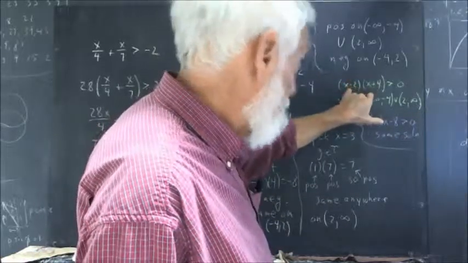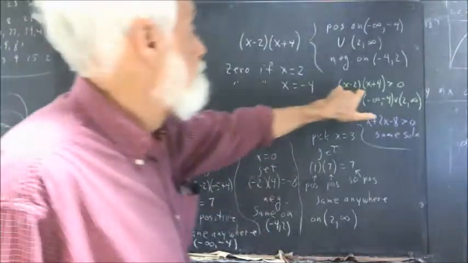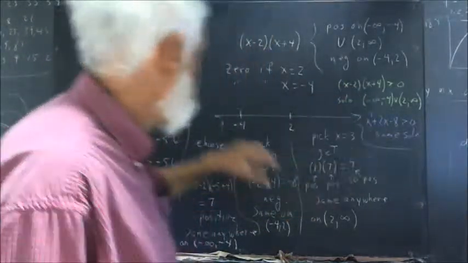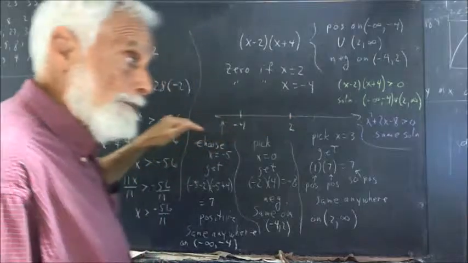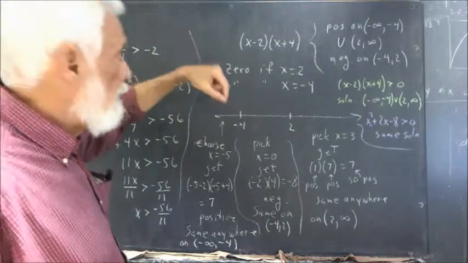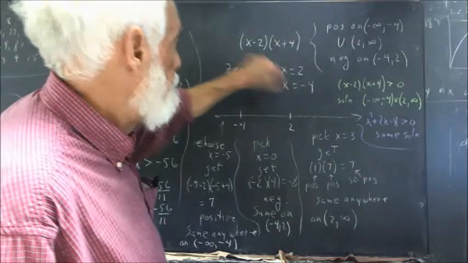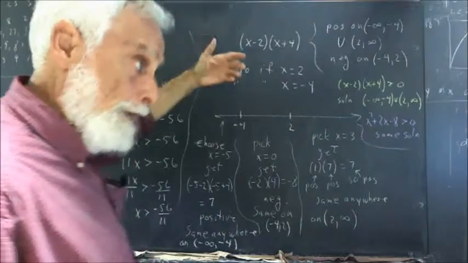Having this inequality, we know to go back and analyze the values of this expression along the number line on intervals that are demarked by the points where one or another of the factors is 0.